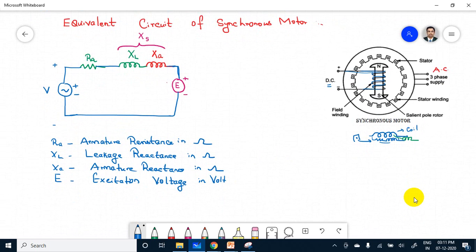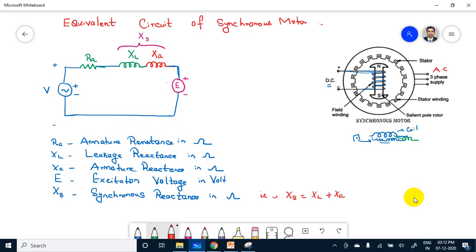Then XS is the synchronous reactance in ohm, that is XS equal to XL plus XA.